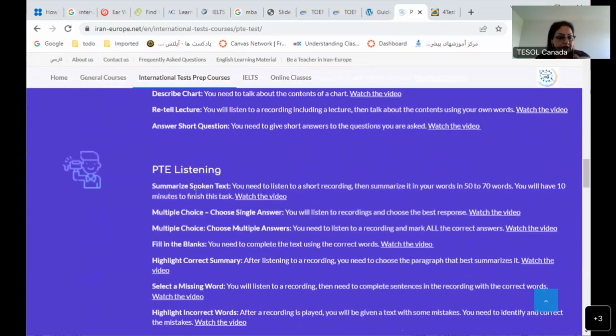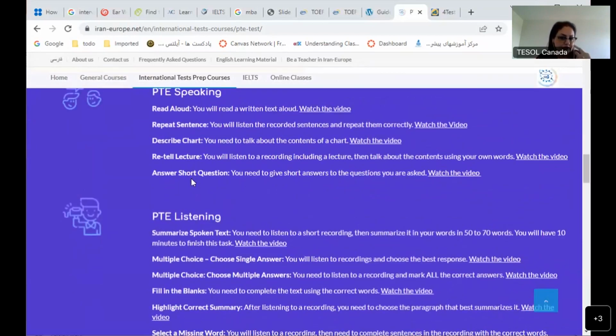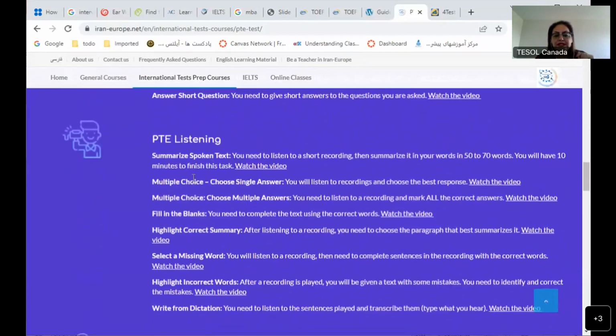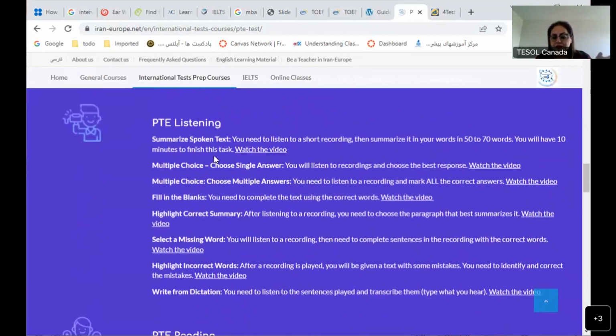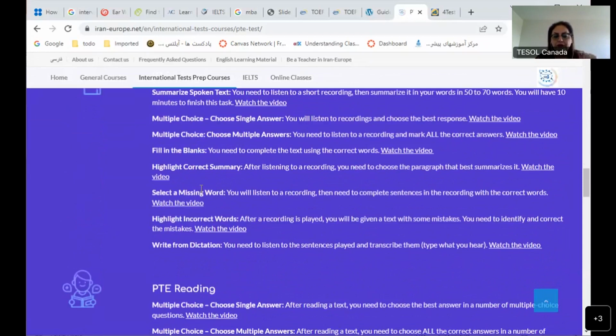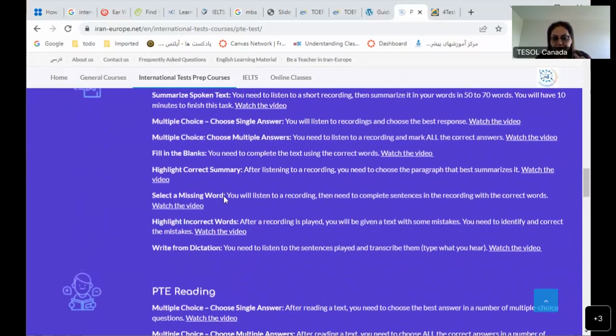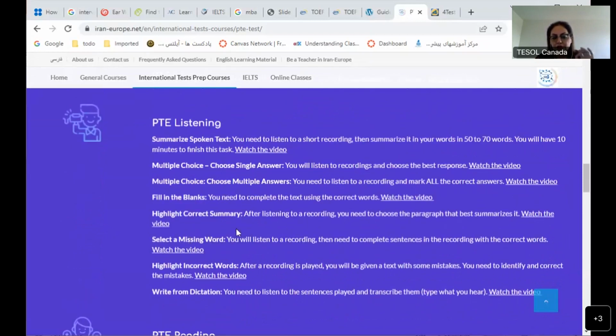And it has some parts, it has a negative point. PTE listening: summarize spoken text, multiple choice. They have to choose a single answer in multiple choice. And fill in the blanks. Highlight the correct summary: after listening to a recording, you need to choose the paragraph that best summarizes what you heard.